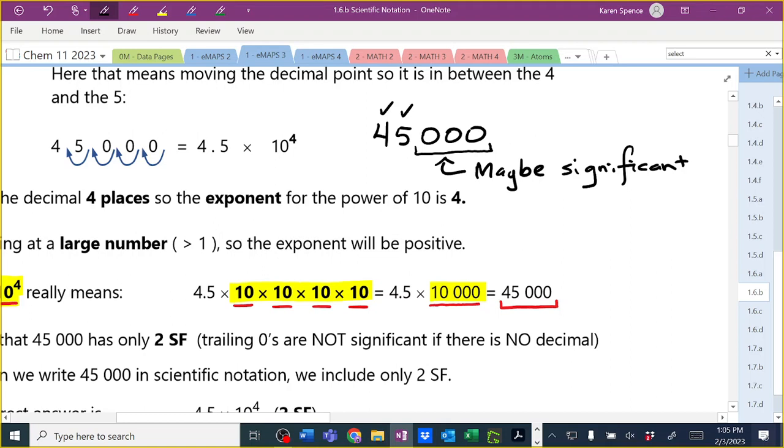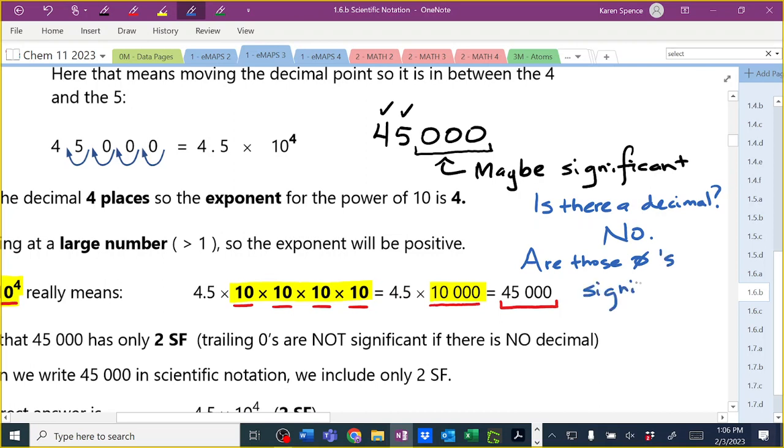What do we ask ourselves to determine if they are significant? Is there a decimal? Is there a decimal? No. Are those zeros significant? And the answer is no. So if there's no decimal, they are not significant.